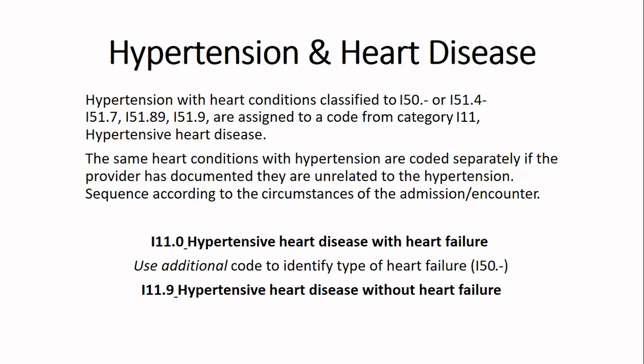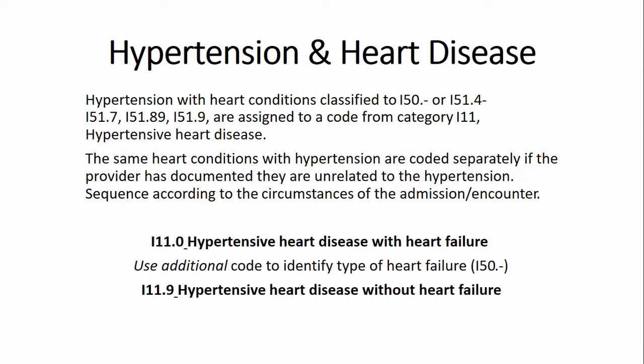Another one is hypertension and heart disease. This is very common, and many coders know the coding guideline for hypertension and heart disease. Here we can assume a relationship between hypertension and heart disease unless the provider has documented that they are unrelated. When the provider has not documented them as unrelated, you can code them as one diagnosis.